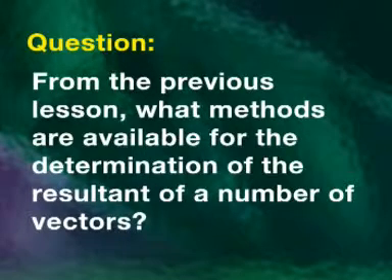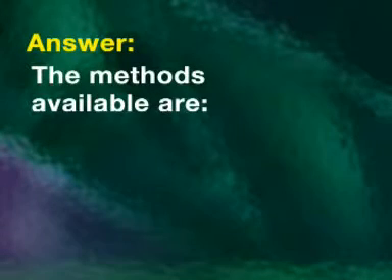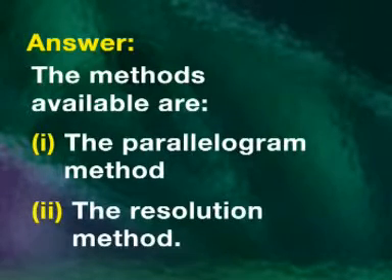From the previous lesson, what methods are available for the determination of the resultant of a number of vectors? The methods available are 1. The parallelogram method. 2. The resolution method.